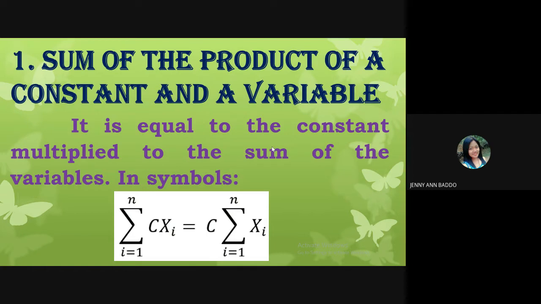So there are two ways on how to evaluate the sum of the product of a constant and a variable. The capital letter C here represents a constant. So we have a number, a multiplier.